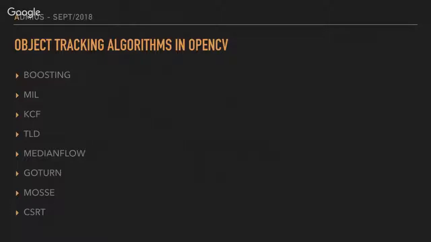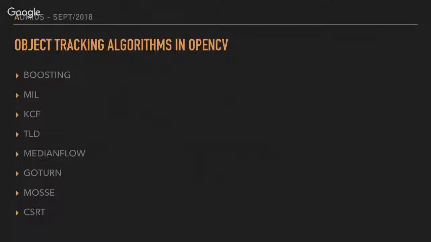You can train it a lot, but it's not that safe for following or detecting the things that we want. And Goturn and Mosse, sincerely, I haven't touched them. And the last one was incorporated in OpenCV 3.4, so it's a new one also.